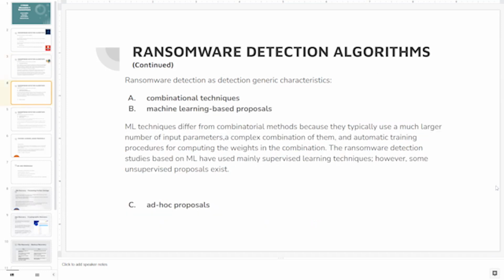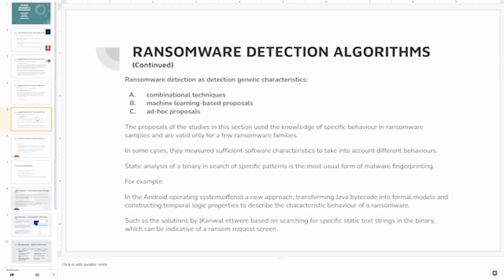Also, we have the machine learning based proposals, which differ from the combinatorial method because they typically use a much larger number of input parameters and an automatic training procedure for computing the weights in the combination. And also the ad hoc proposals, where the studies in this section use knowledge of a specific behavior in ransomware samples and are valid only for a few ransomware families.